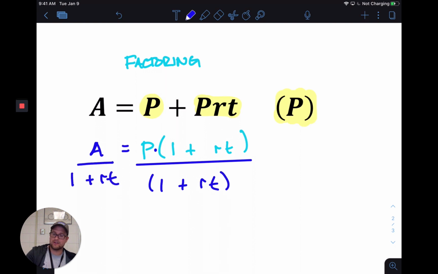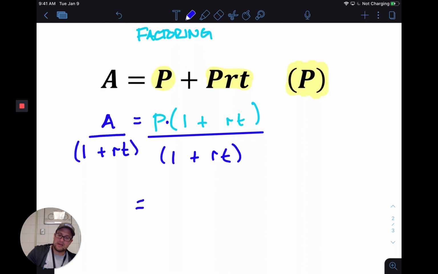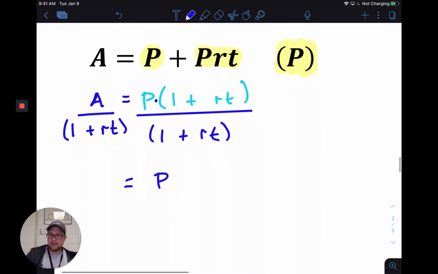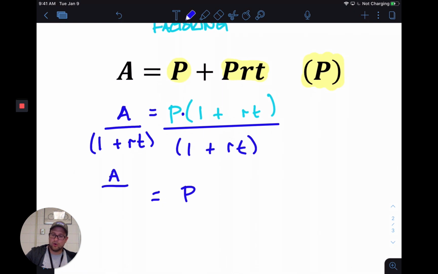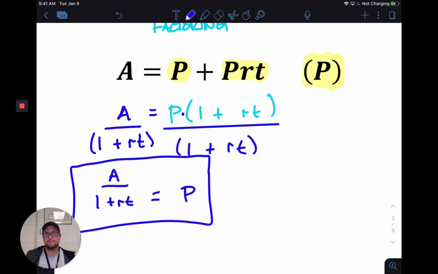And that's a quantity, so we're going to divide that whole other side by that same thing. And what that will do is leave me with just P over here. And on the other side, I'm going to have A over 1 plus rt as my final answer.